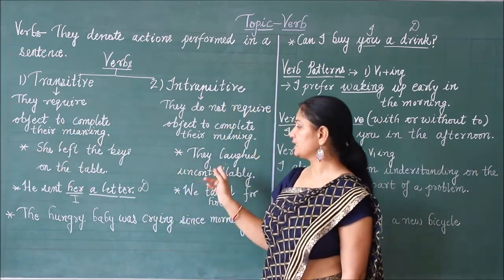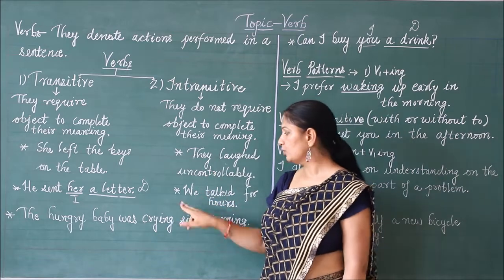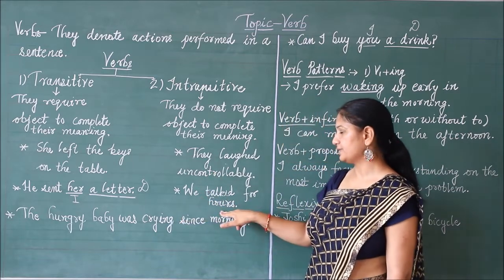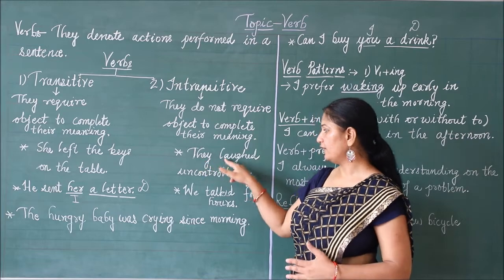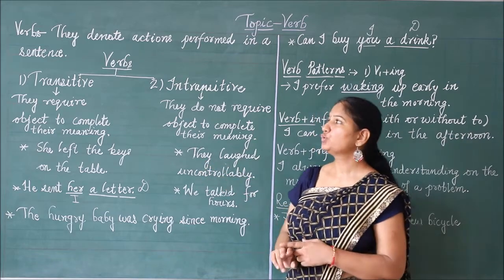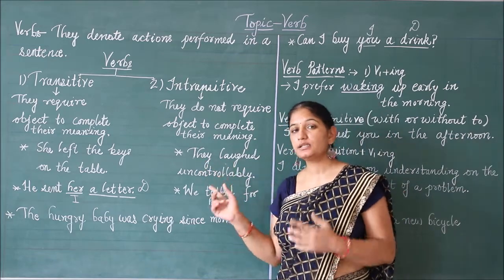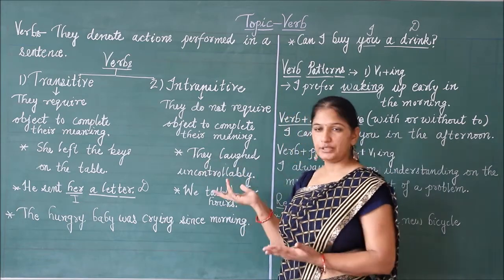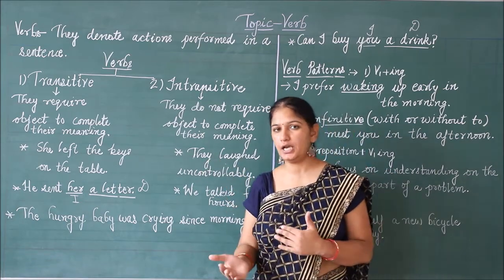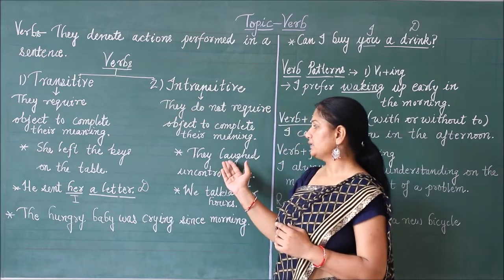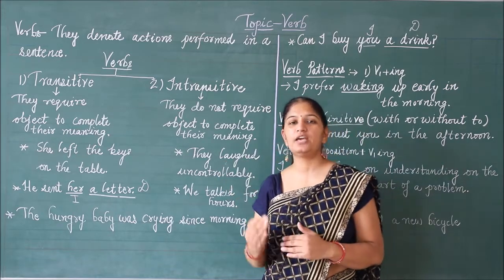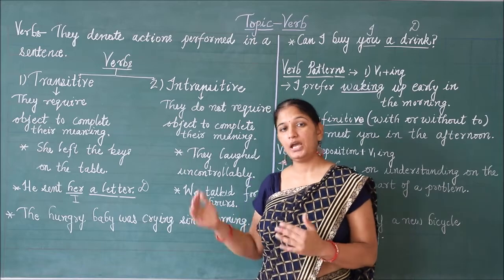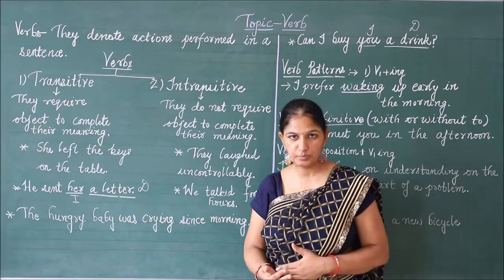So let us see one example of an intransitive verb. We talked for hours. They laughed uncontrollably. Here in this sentence, if we ask the question from the verb, they laughed what? We are not getting any answer. So that's why this verb laughed does not have any object, and still it is giving the complete meaning.